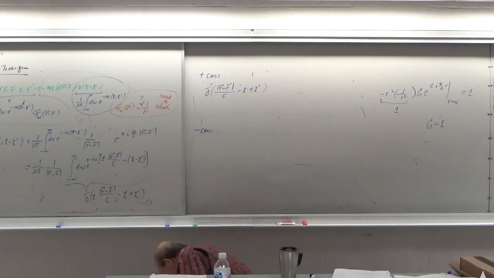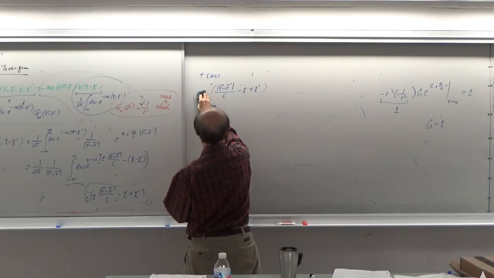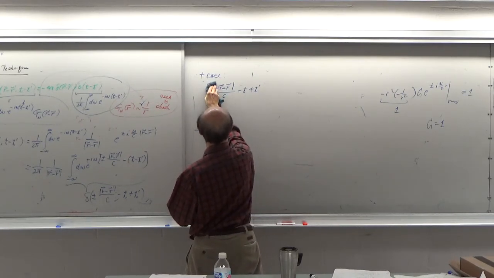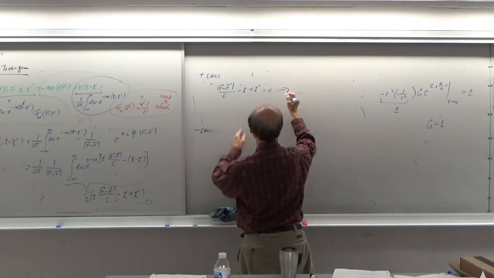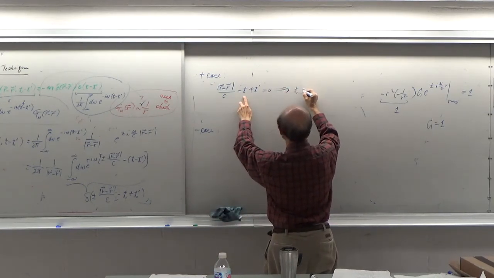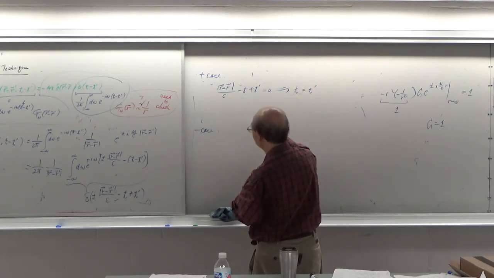So that means that this is 0. That tells you that t is equal to t prime. Oops, I'm sorry.